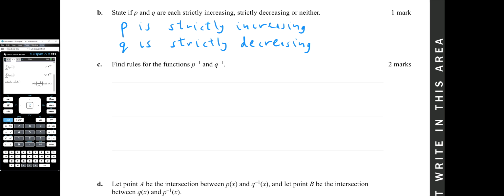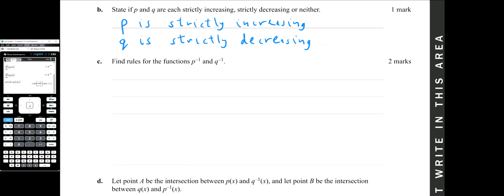So p inverse of x is going to equal log e of negative 2 over x minus 2. And that is, of course, with x being less than 2.